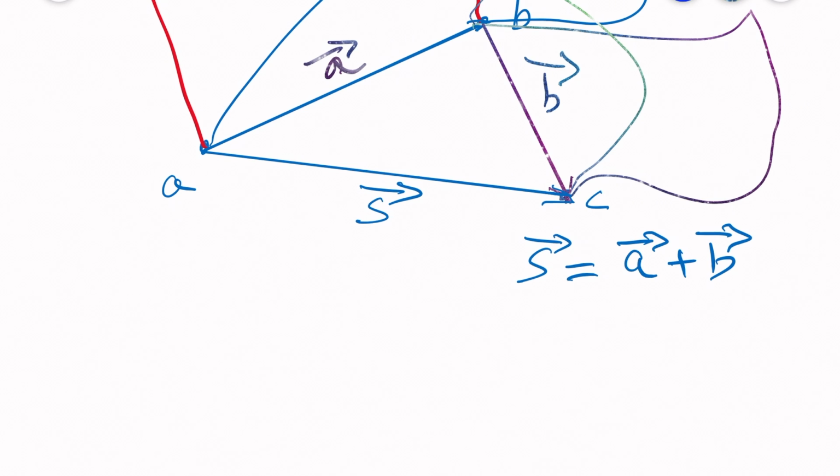Now let us say there is another interesting thing. Just now I said that vectors need to be drawn head to tail. Let us say the vector was not head to tail. We know that a vector can be represented only by the magnitude and by the angle.